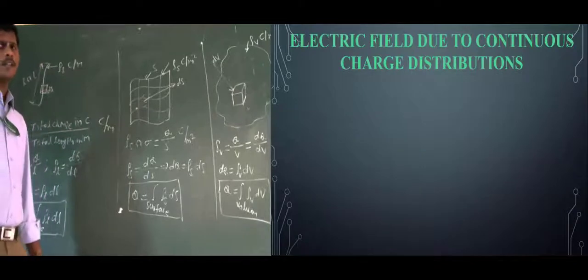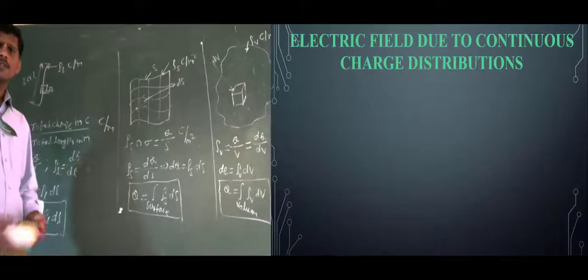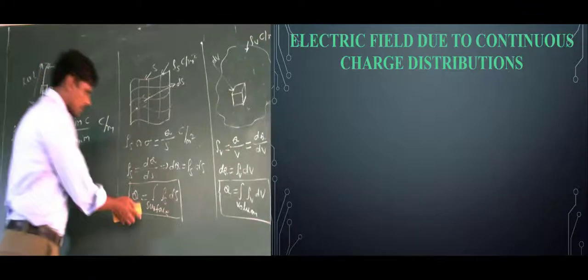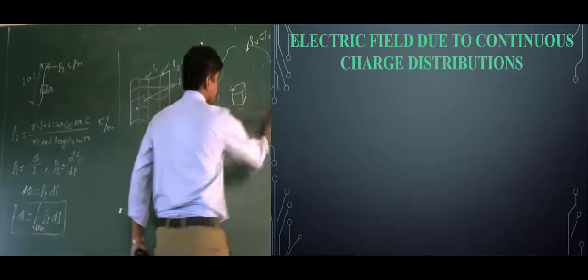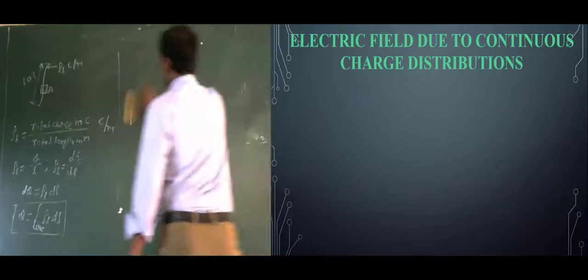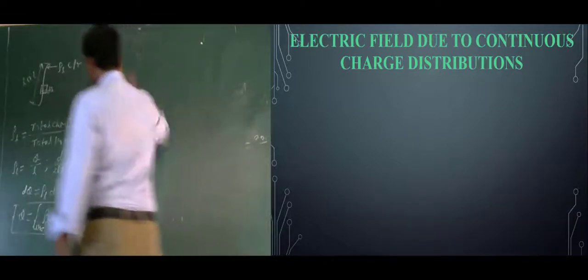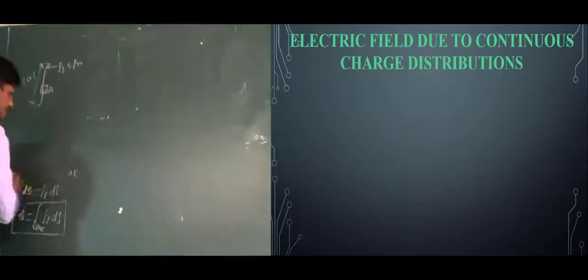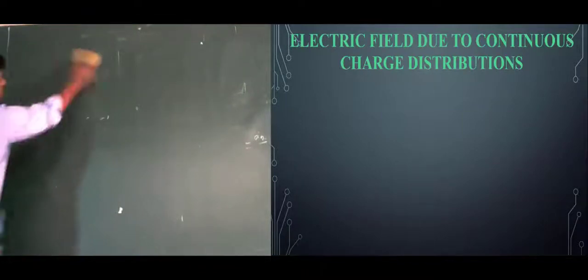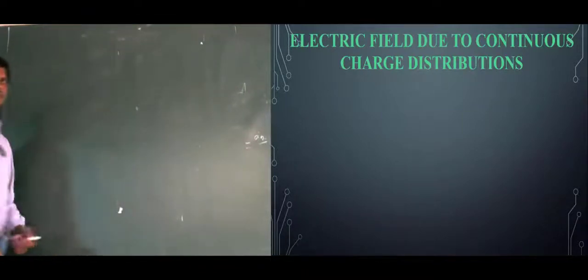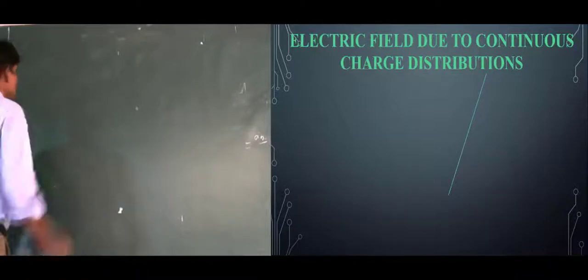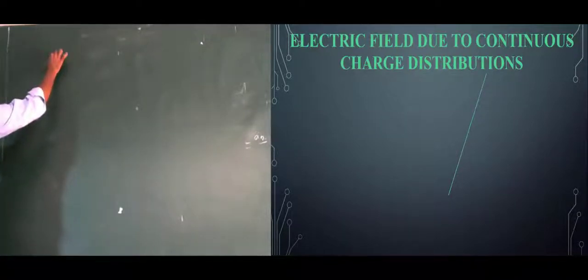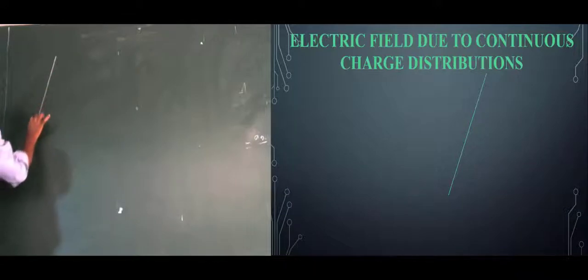Next one is electric field intensity due to continuous charge distribution. Let us consider a straight wire or bent wire.